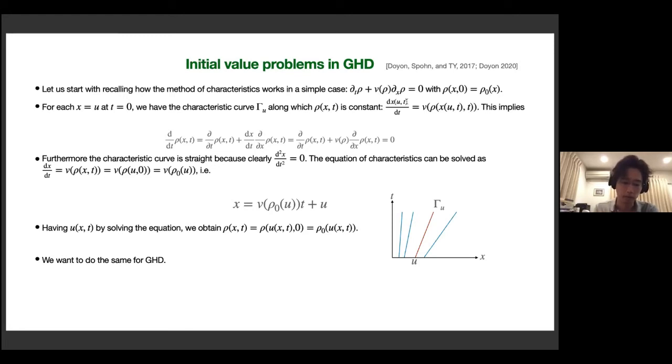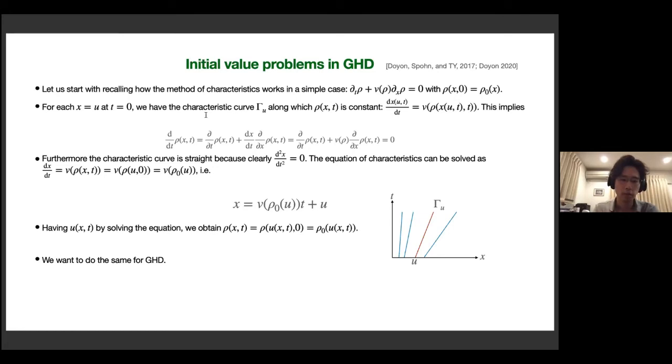To get the solution, what you do is called the method of characteristics. You pick some position x equals u, and you draw a characteristic curve from this point, which is reached at time equals 0.